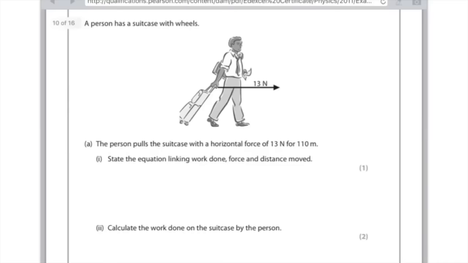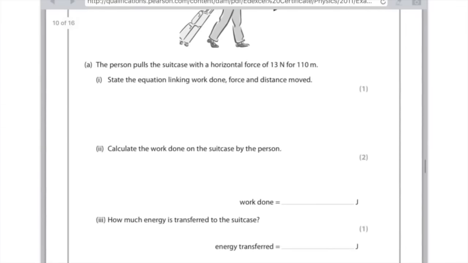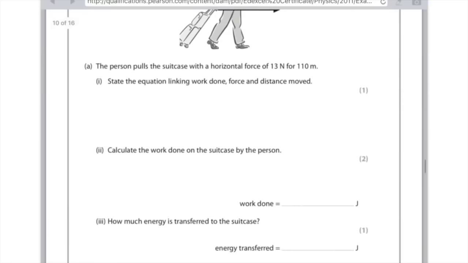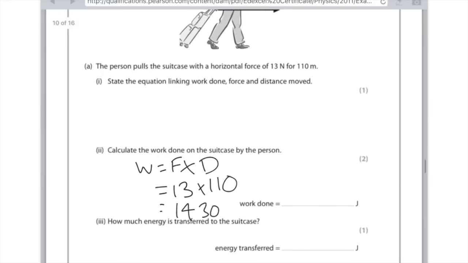But for the time being, remember work done equals force times distance. So calculate the work done on the suitcase by the person. So let's just write, work done equals force times distance. Force is 13, distance is 110, and the answer here is 1,430 joules, because that is the units.